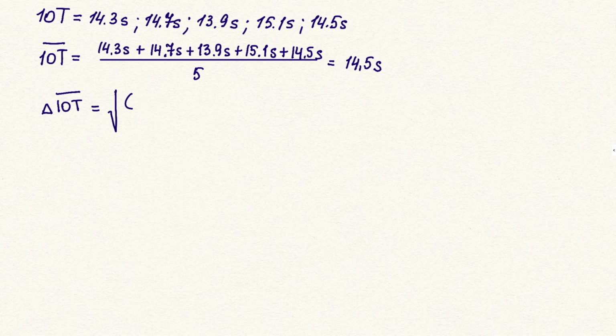We will take our first measurement, 14.3 seconds, and subtract the average from it, 14.5 seconds, and then I will square this value. And then I will add another term like this, but this time I'm taking the second measurement.